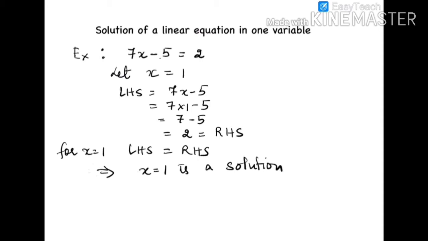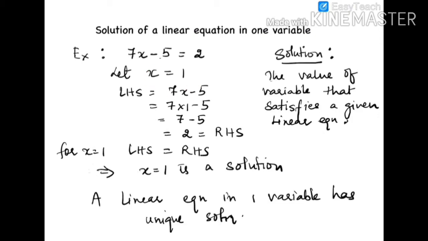If you try substituting any other value of x in this equation, the left hand side will not be equal to right hand side, showing that this value of solution is unique. So we can define the solution as the value of variable that satisfies a given linear equation.